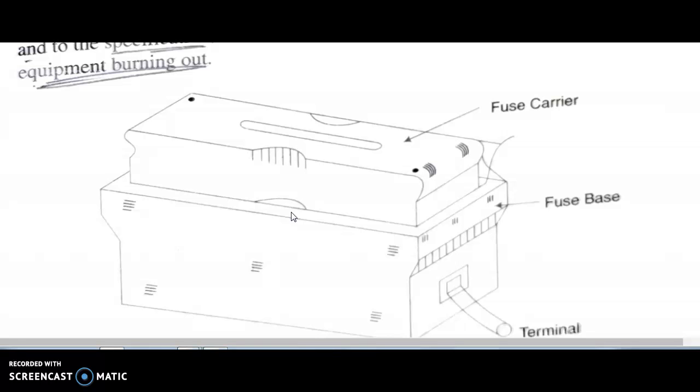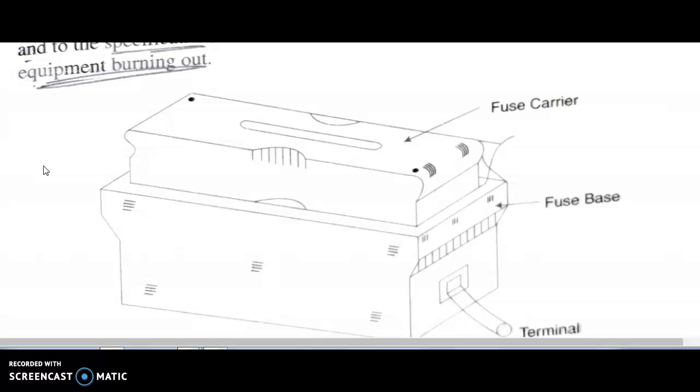Therefore, these fuses are mainly used for domestic lighting loads. For important and costly equipment operating at comparatively higher voltages up to 33 kV, cartridge fuses are used because they provide more reliable protection.